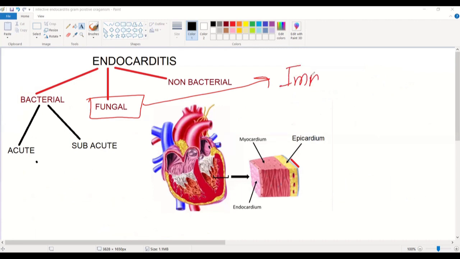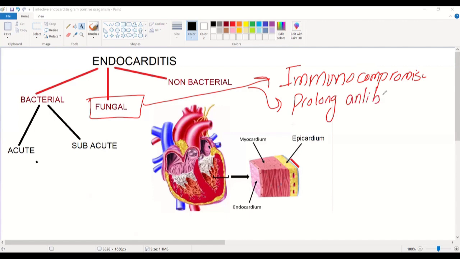Prolonged antibiotic use. Immunocompromised and prolonged antibiotic use. Okay, and the organism is Candida.